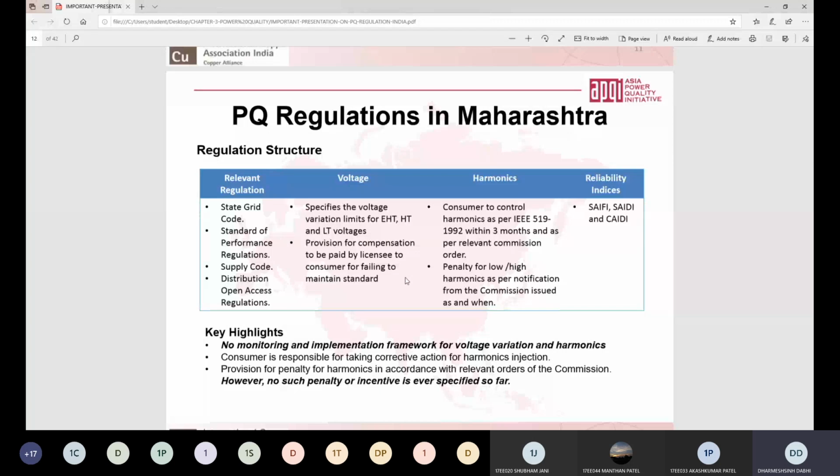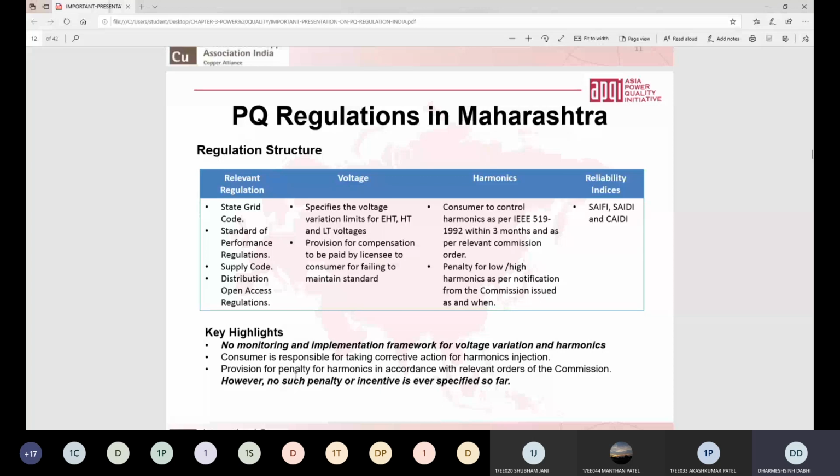So what are the key highlights for the power quality regulations of Maharashtra? There is no monitoring and implementation framework for voltage variation and harmonics. All other standards are built as per different categories, like the IEEE 519 standards built for harmonics, and for voltage they follow IS standards. So all our standards are available.